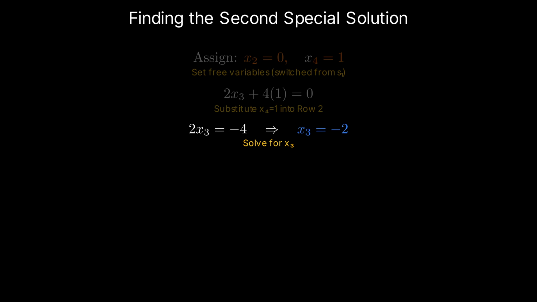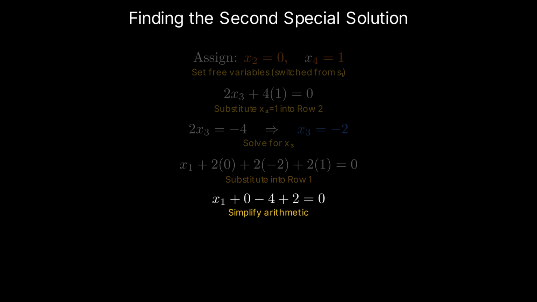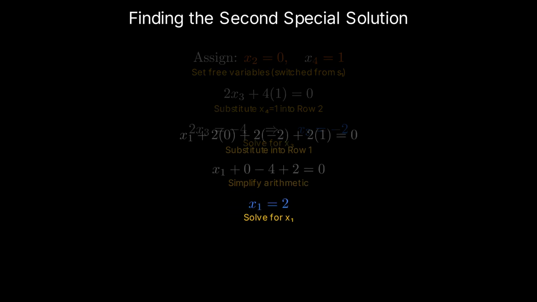Giving x3 equals negative 2. Now back substitute into row 1, x1 plus 2 times 0 plus 2 times negative 2 plus 2 times 1 equals 0. And that simplifies to x1 plus 0 minus 4 plus 2 equals 0, which gives x1 minus 2 equals 0. So x1 equals 2.